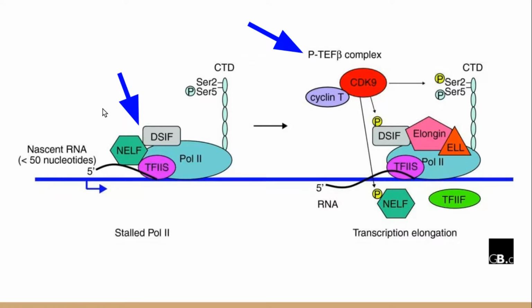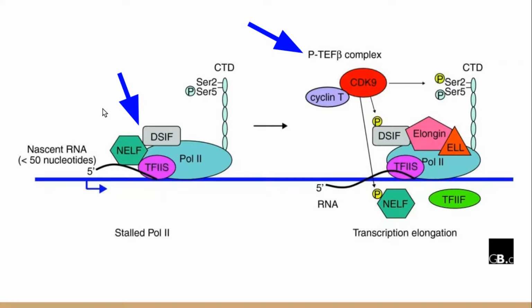So PTEF-beta is technically a cyclin-dependent kinase, but it's a kinase that is critically important for RNA transcription, because without it, RNA polymerase cannot escape promoters, and the deletion of PTEF-beta, or its inhibition with a small molecule, actually causes cell death. So PTEF-beta is really important, and it achieves transcriptional activation by phosphorylating NELF, causing NELF to dissociate.